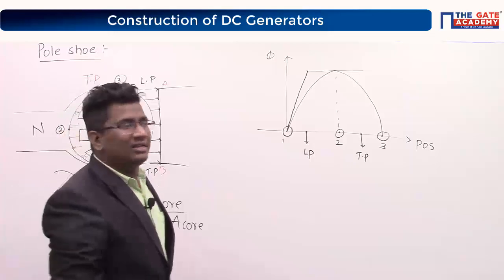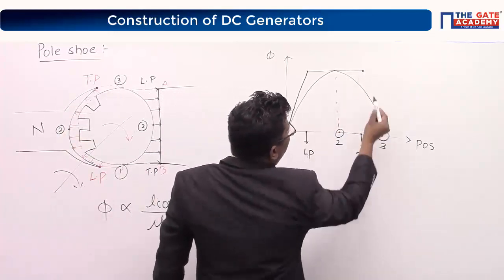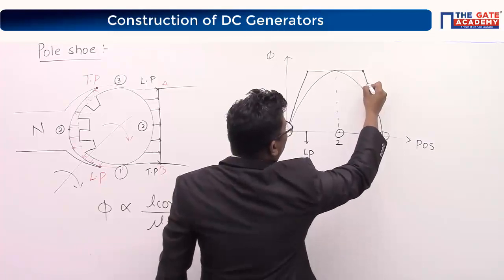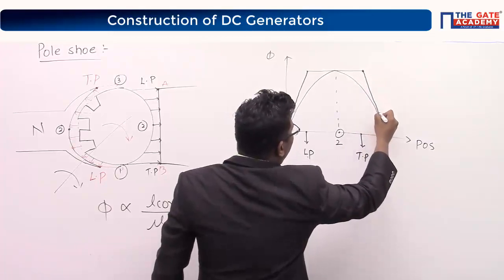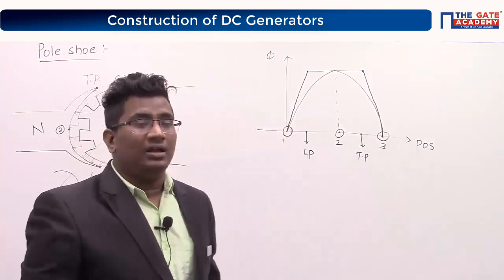increasing. Correct or not? Similarly, from trailing pole tip to position 3, the air gap is increasing now. Therefore, it will slowly move in that particular shape.